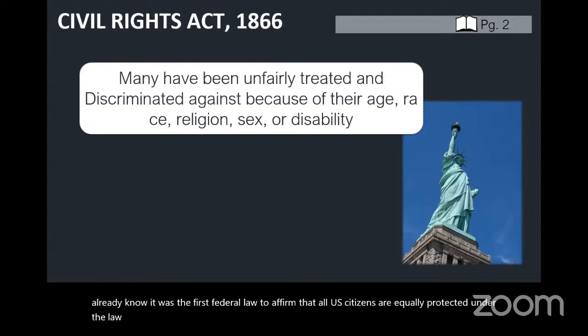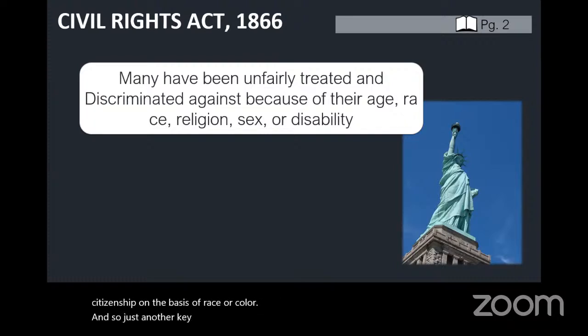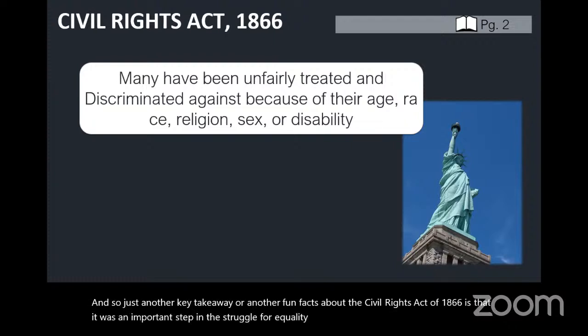It also defined citizenship and made it illegal to deny any person the rights of citizenship on the basis of race or color. Another key takeaway is that it was an important step in the struggle for equality. Like it was mentioned in the chat, equal employment.